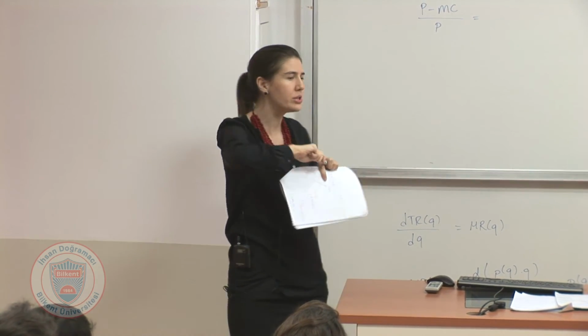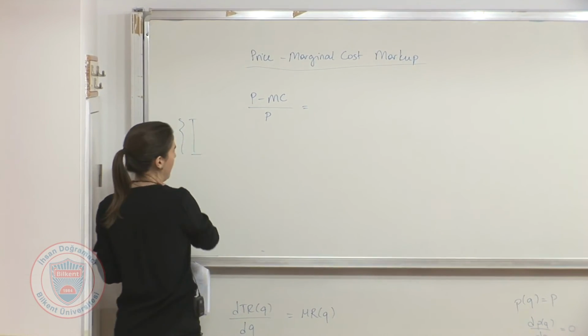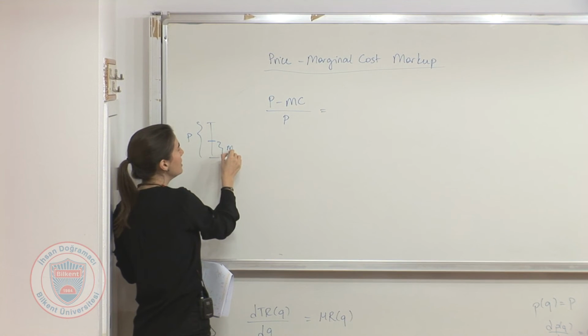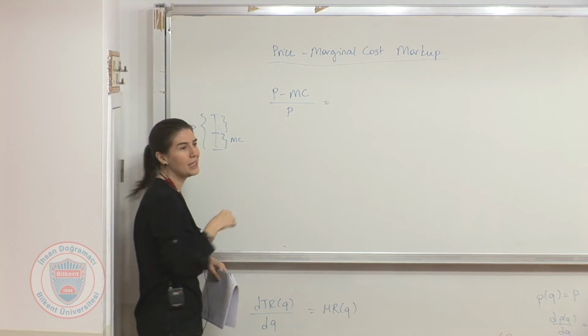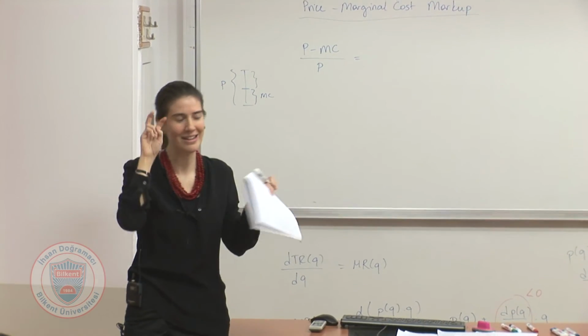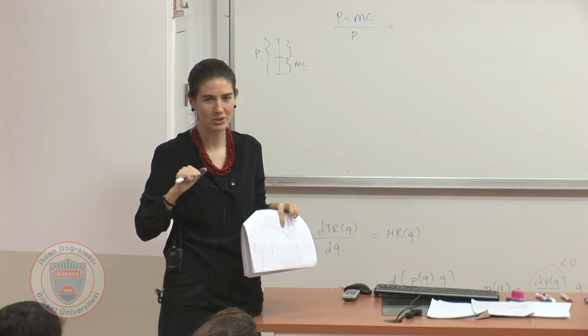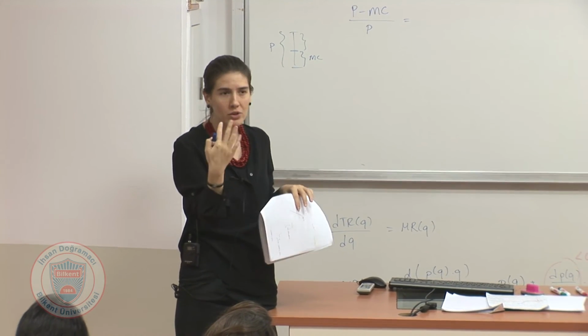So the firm is charging this P. This portion of it is literally coming from its costs, but this portion of it is not costs, okay? It's being greedy, right? You know what greedy means, right? Açgözlü. So it's actually part of that, right?